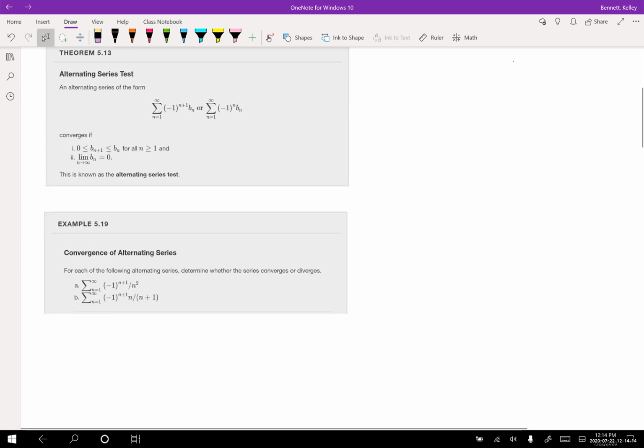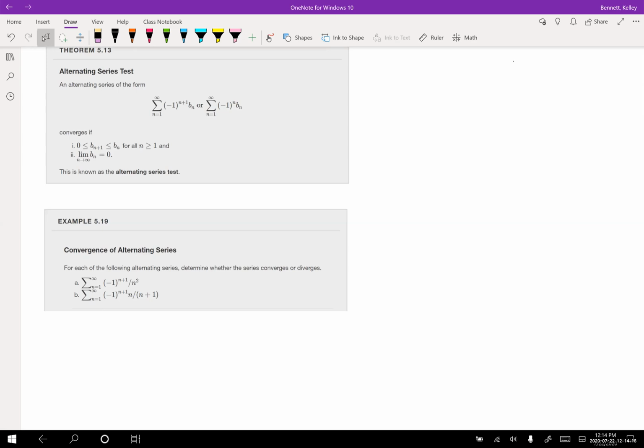So let's apply that test to example 5.19. So this is B sub n here.